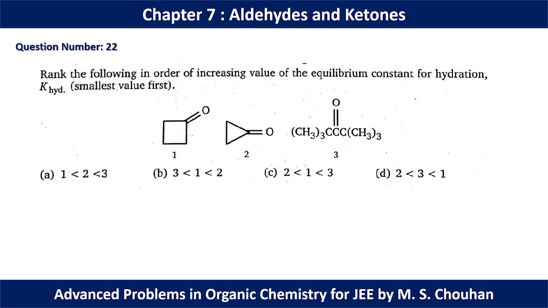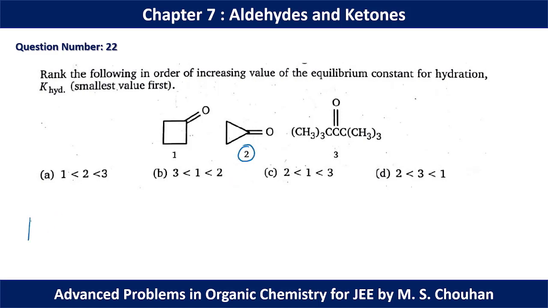In question number 22, rank the following in order of increasing value of equilibrium constant for hydration. K hydration is the equilibrium constant. The thing is that if the product is stable, then the equilibrium constant value will be higher. In this case the maximum hydration is possible for the second molecule.